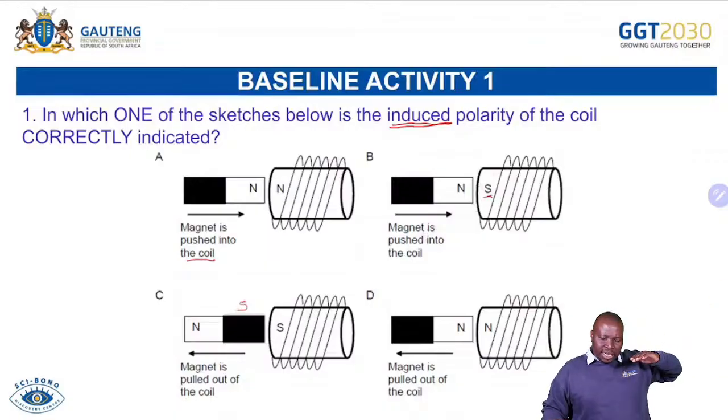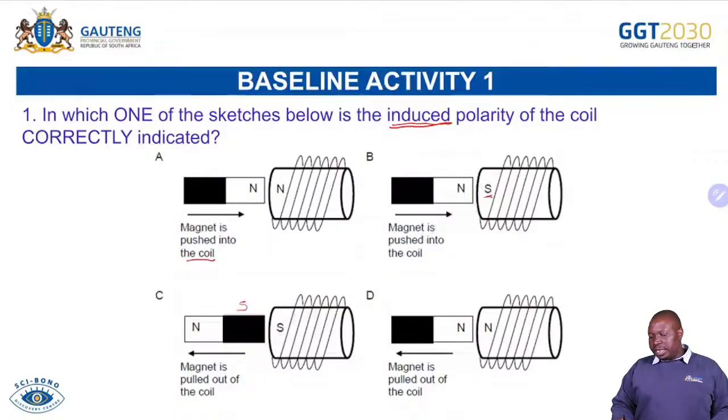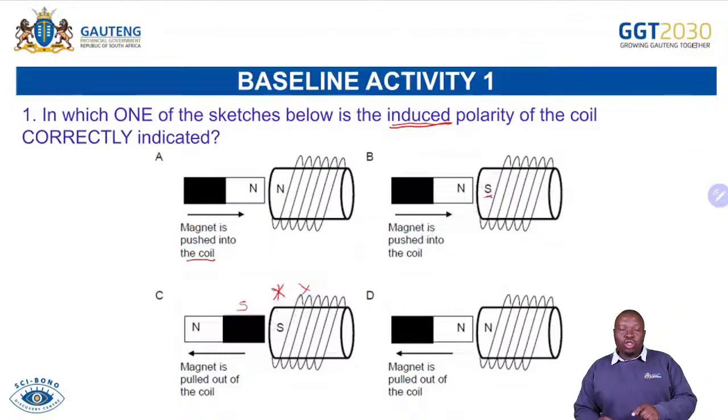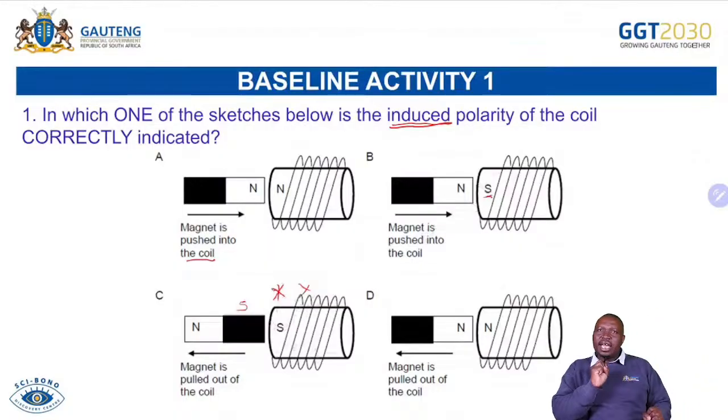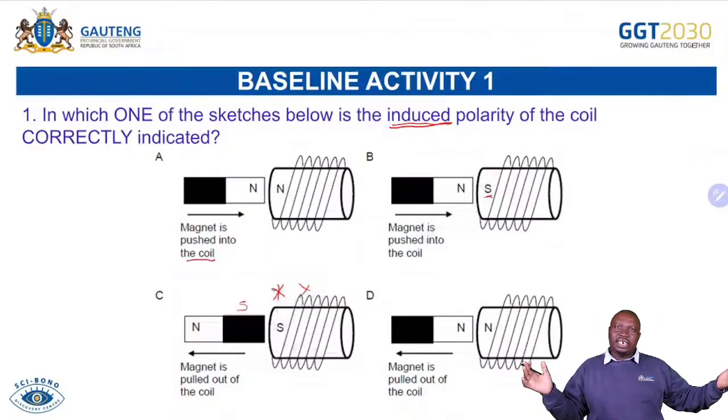But when the south is going away, the coil won't be south here. It must be north, which means this is incorrect. This is incorrect because as the south pole goes away, the coil will become the north pole so that it can attract it to say, come back, come back. That's when we have our magnetic flux.